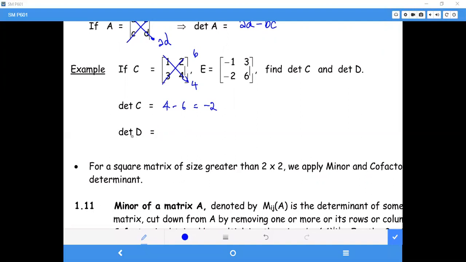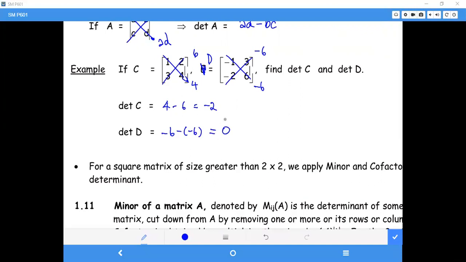Next, you have to find that D. But there I wrote E, I'm sorry, that should be matrix D. So you cross down, it's -6. You cross up there, it's -6. And -6 minus -6 equals 0. Okay, maybe I'm going to write it down. -6 minus -6. That is 0.